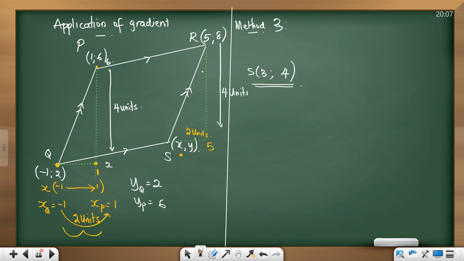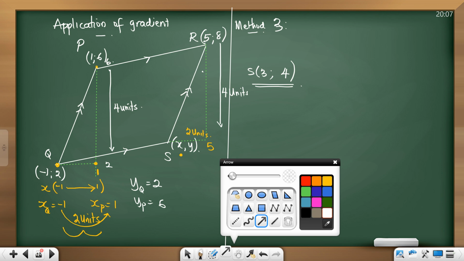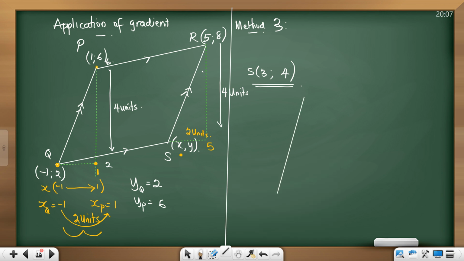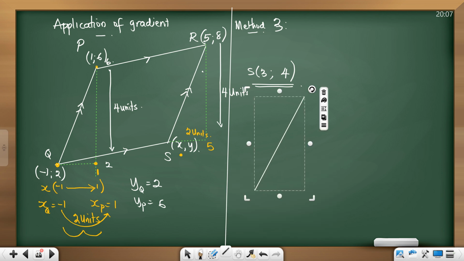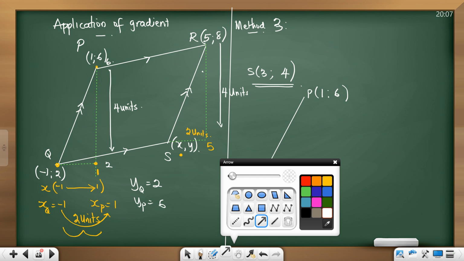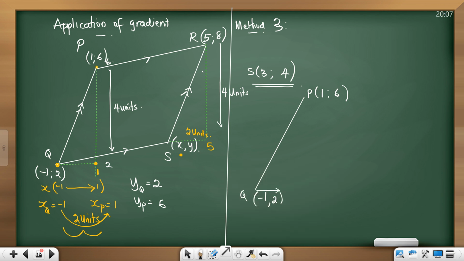And if you check this one, I was using PQ, right? Let me quickly draw out PQ. Q and P: 1 to 6, negative 1 to 2. What was the movement to the right? From negative 1 to 1, it was 2 units.